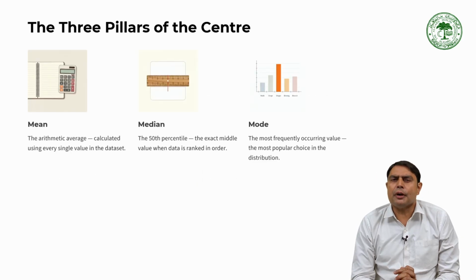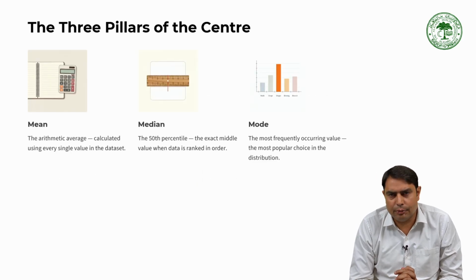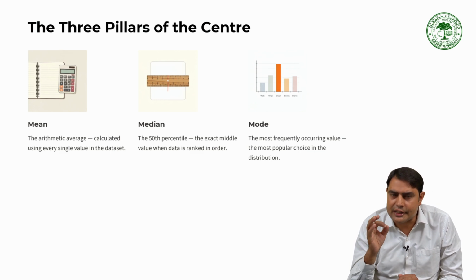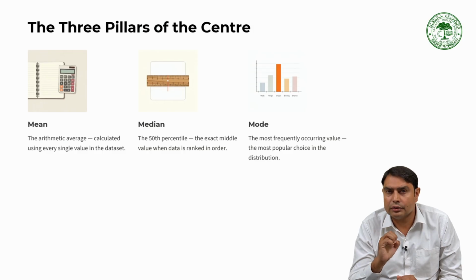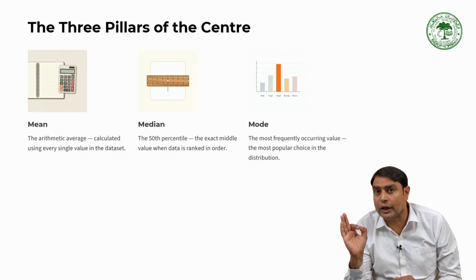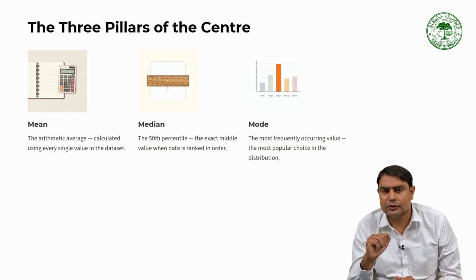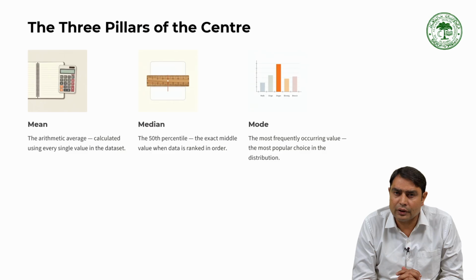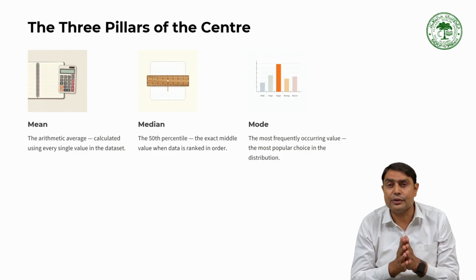The three main measures of central tendency are mean, median, mode. We have already discussed that. Each one tries to describe the center, but each does so in a different way. The mean is the arithmetic average, calculated using every value.